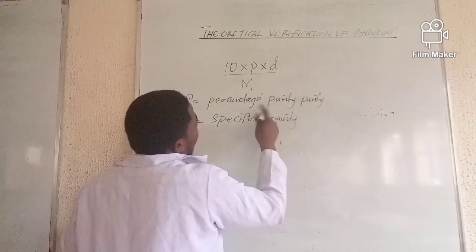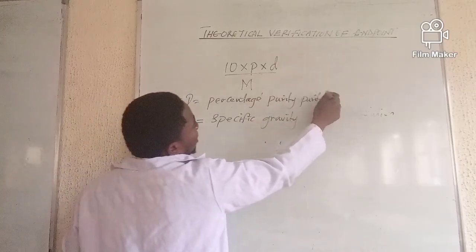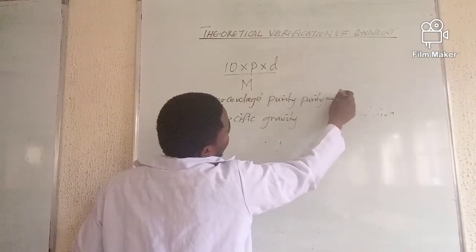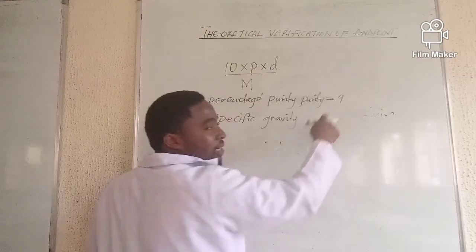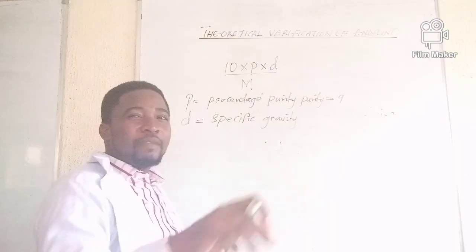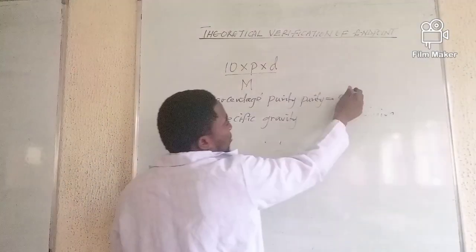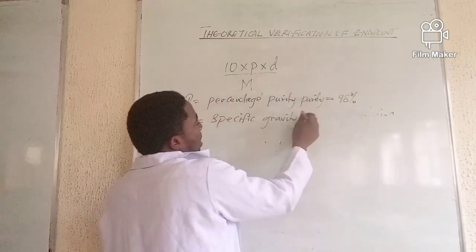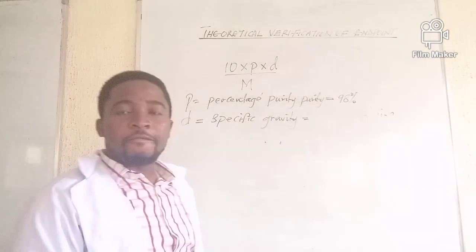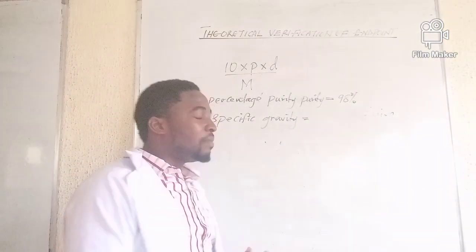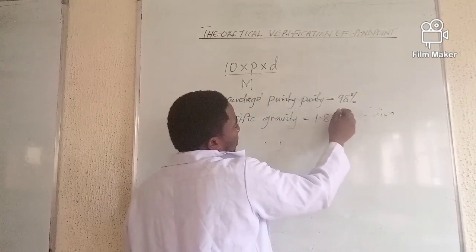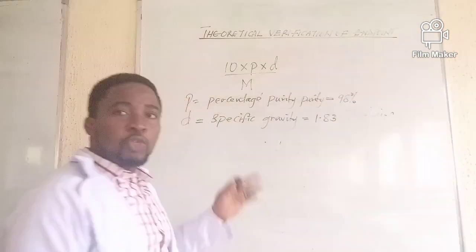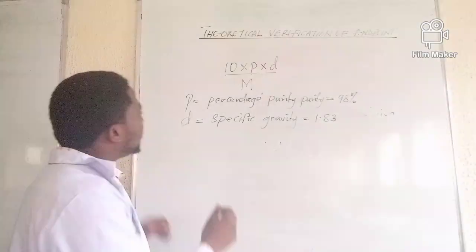For sulfuric acid, the percentage purity is around 97.999%, which is approximately 98%, and the specific gravity of sulfuric acid is about 1.83.